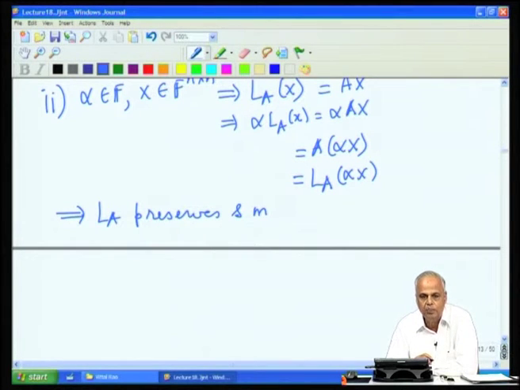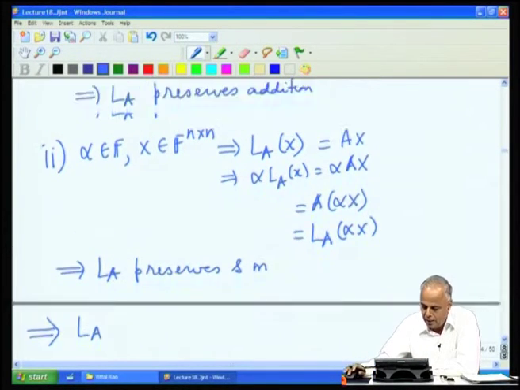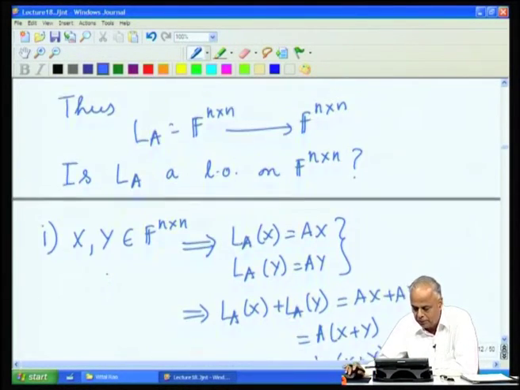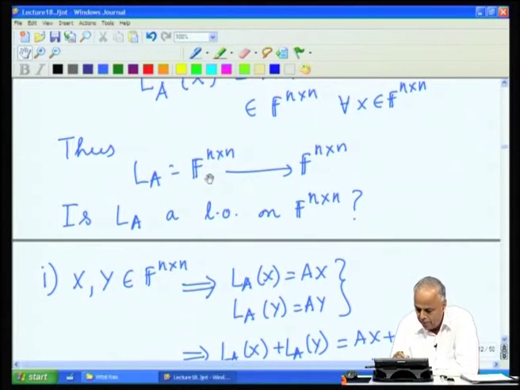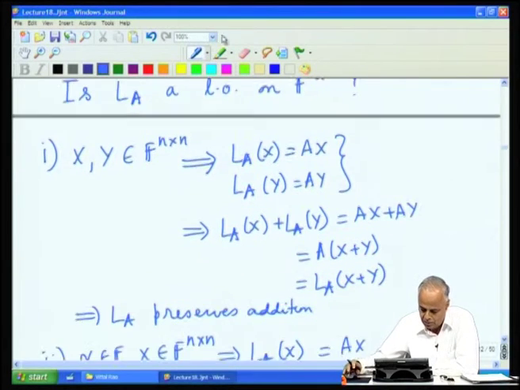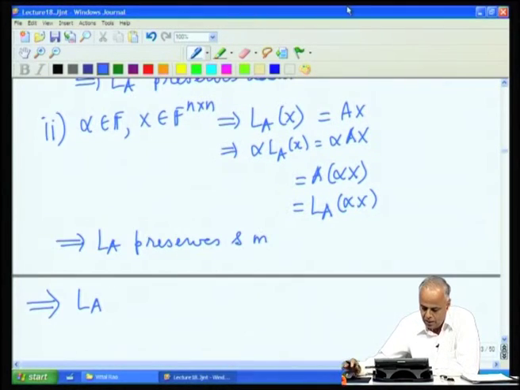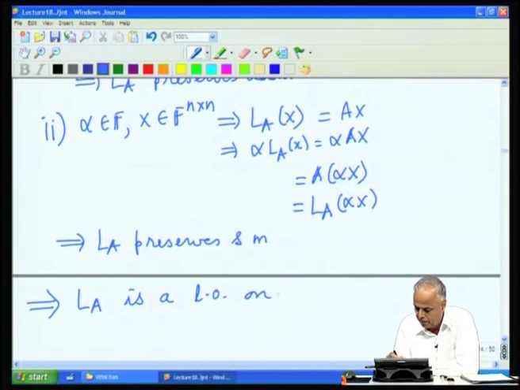Thus, LA preserves both addition and scalar multiplication. 1 and 2 together, LA is linear, and since it is a transformation from Fn cross n to itself, it becomes a linear operator. So, LA is a linear operator on Fn cross n.